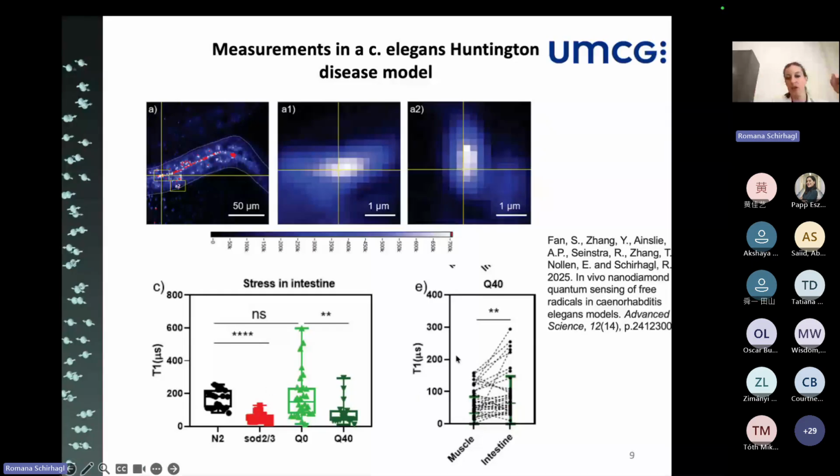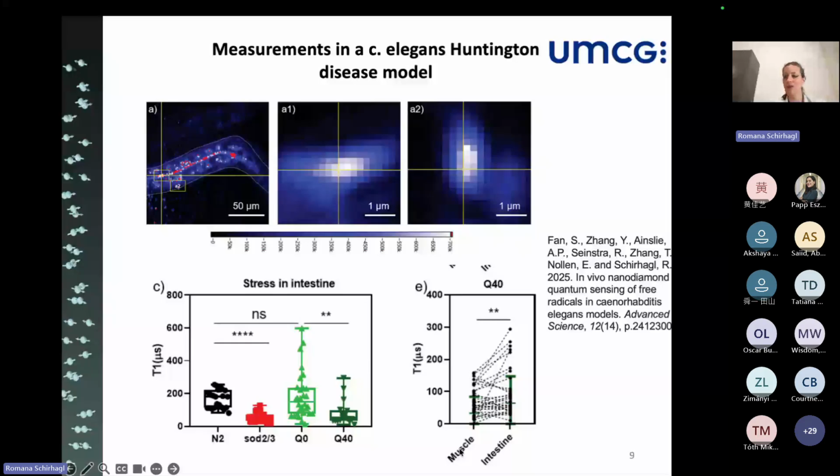So here is the data for the Q40. This is the protein aggregate. And here you can, again, compare between the muscle and the intestine. What we show here is semi-quantitative. If we want to quantify this, you can calibrate it.